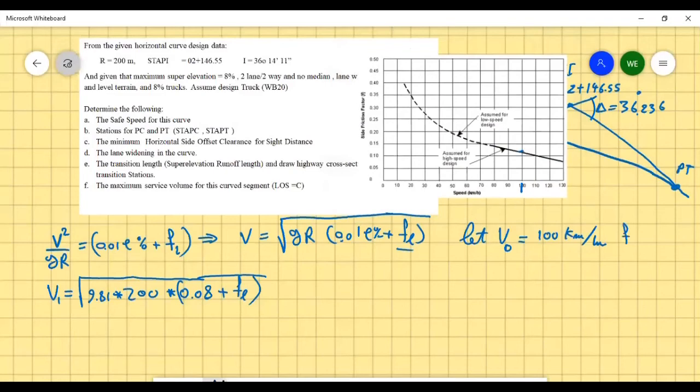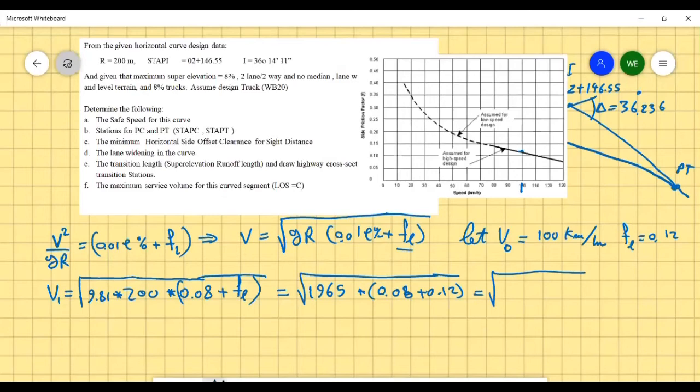So fL is 0.12. Let's substitute here. So we have the square root of 200 multiply 9.81, that's 1962, multiply 0.08 plus 0.12, which is 0.2 under the root.